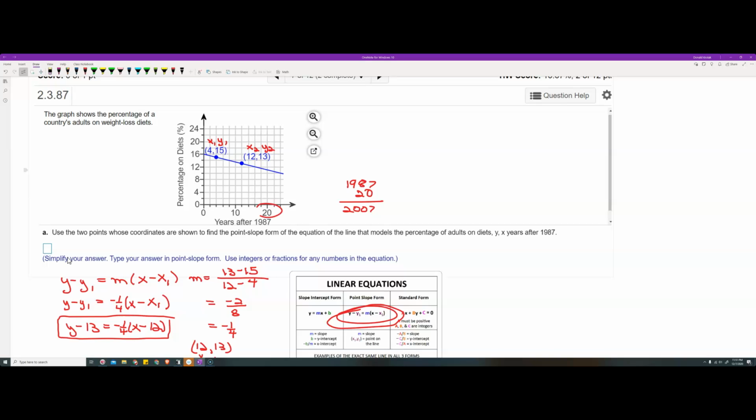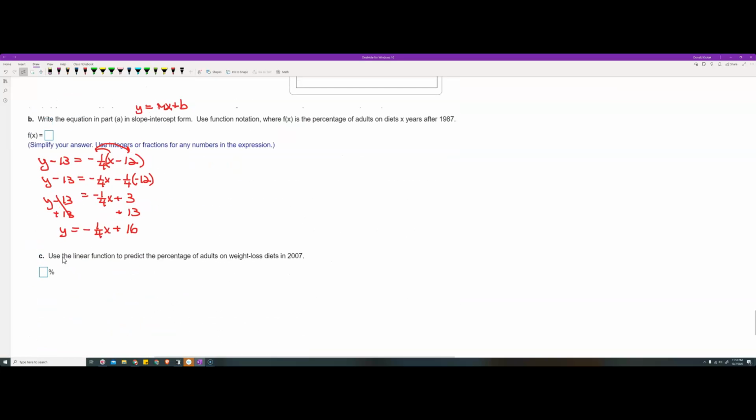So I'm going to let x equal 20 in my formula, and I'll get y equals negative 1/4 times 20 plus 16. So I'm going to get an answer of 11% of adults on weight loss diets in 2007.